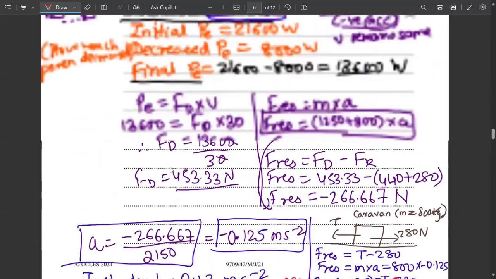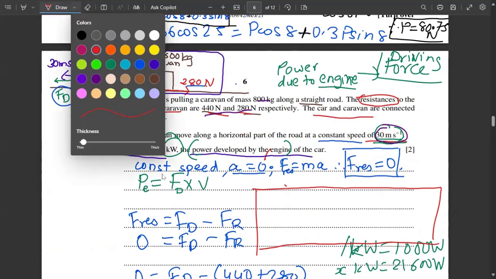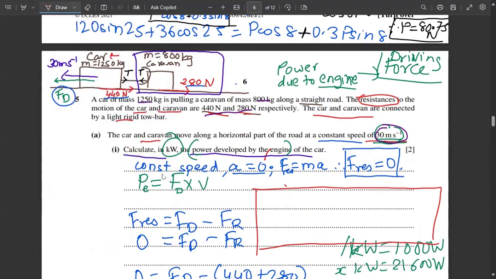Now we can even do this with the car. Let me do it with the car also, just to show you the answers will be the same. Now doing it with the car, let me redraw the diagram. Car mass 1250 kg.